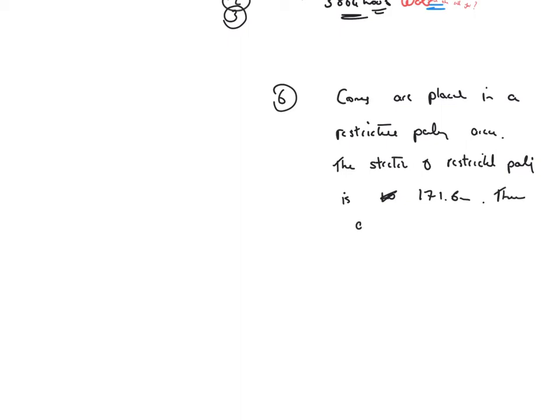There are 33 spaces between cones. Find the length of one space.